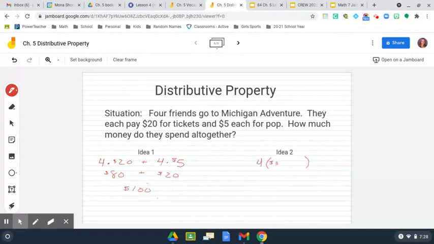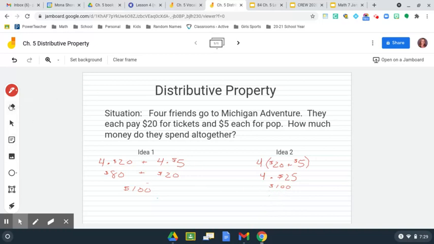Well, that's the $20 ticket, and that's the $5 pop right there. And so think about that. 20 plus 5 on the inside of the parentheses, that's $25. Times 4 on the outside of the parentheses, that's $100. And so absolutely you're going to get the same answer.